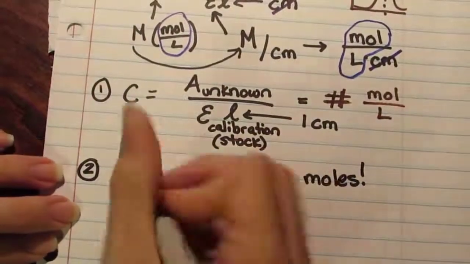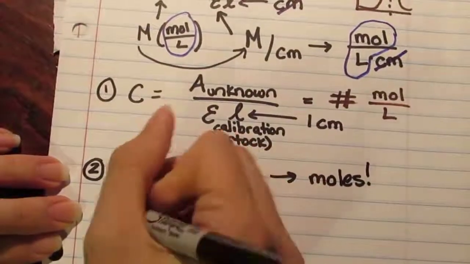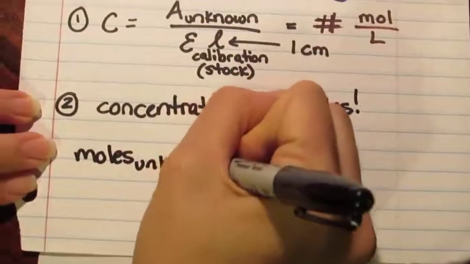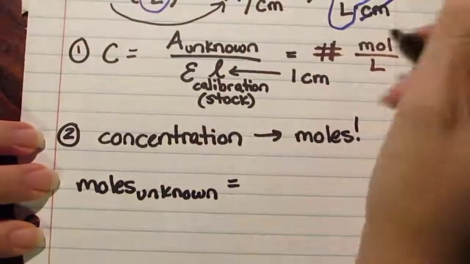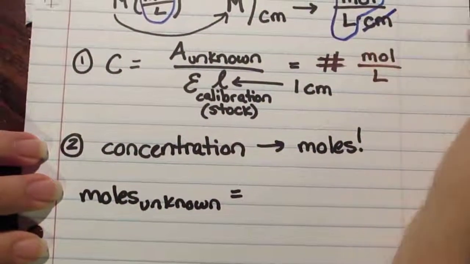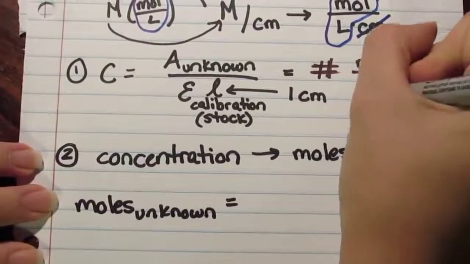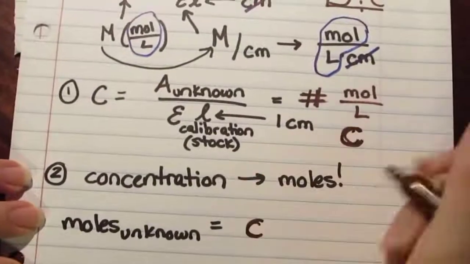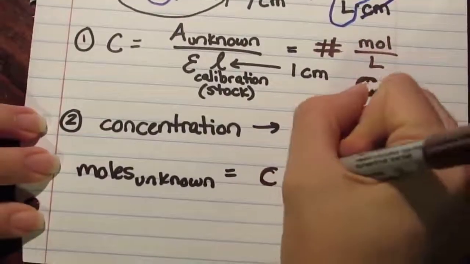Well, okay, let's say we're trying to find moles. So let's say moles of our unknown is equal to this concentration value that we have here. I'm going to call this C. That's our concentration that we've already solved for, and that's in moles per liter.